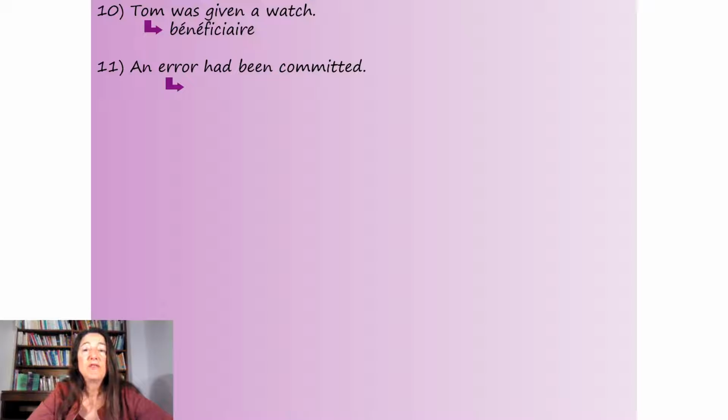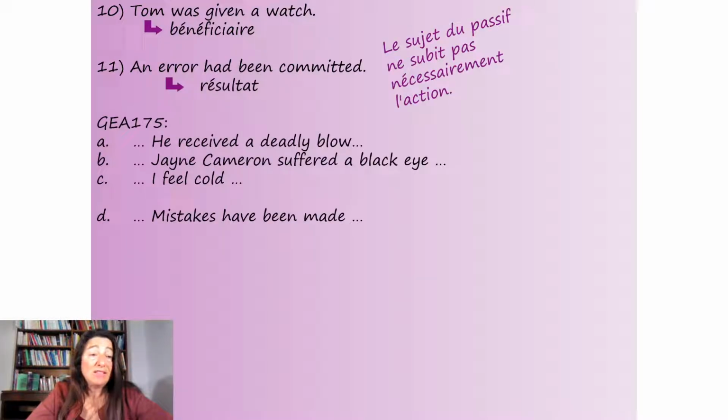It is rather the recipient of the action. An error had been committed. What does the error undergo? Well, that's a question that doesn't even make sense. The error resulting from whatever was done, from whatever had been committed.